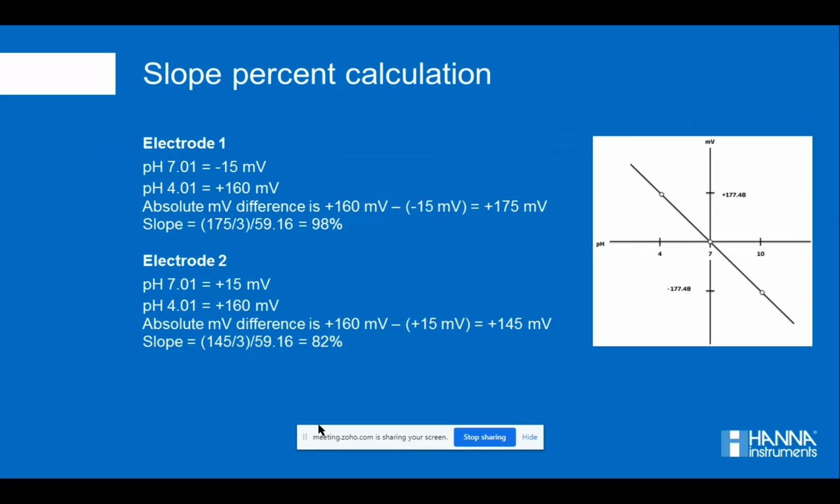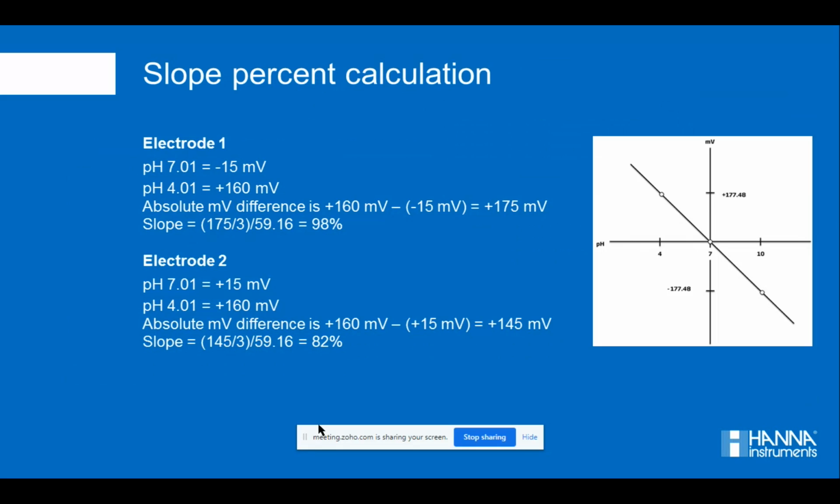But electrode 1 is giving a good slope of 98%, whereas electrode 2 is giving a very bad slope of 82%, which is not within acceptance criteria. Then why has the slope dropped in electrode 2? Because if you look at the difference in absolute millivolts, electrode 1 is somewhere around 175.